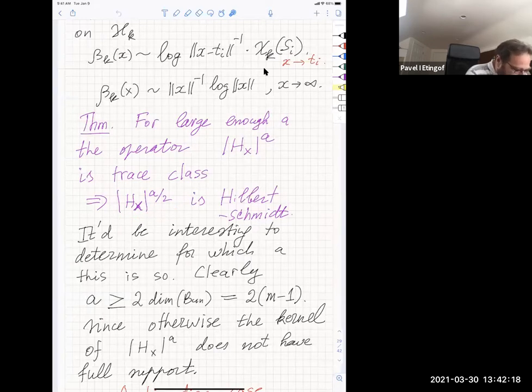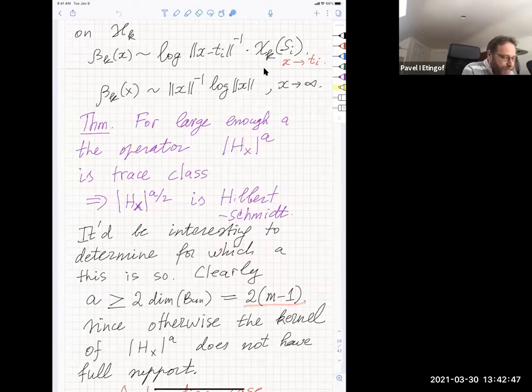That means that A over 2 should be at least the dimension, which is m minus 1. In fact, you can show that for any smaller A, not even an integer, this is not a trace class operator. For this A, it was also not trace class; it was logarithmically divergent.